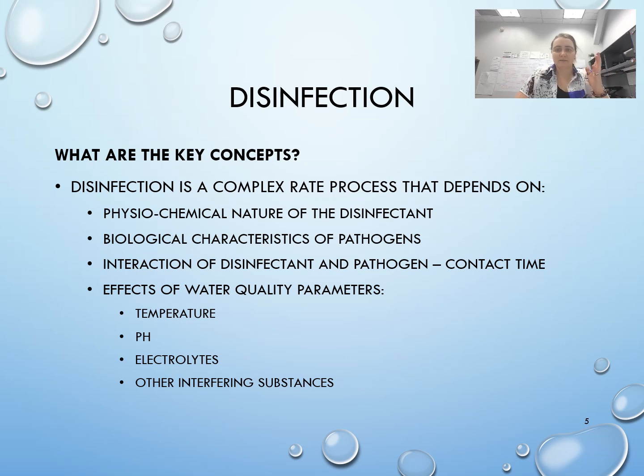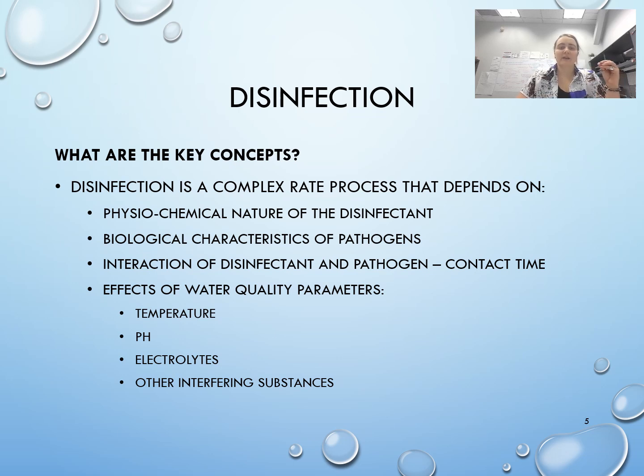Key concepts when it comes to disinfection: disinfection is a rate process. We talked about kinetics at the beginning of this class. Chemical disinfection in particular is governed by kinetics, as well as some of the physical disinfection processes. Because it's a complex rate process, it depends on the physiochemical nature of the disinfectant, what type of disinfectant it is and how it reacts in water.